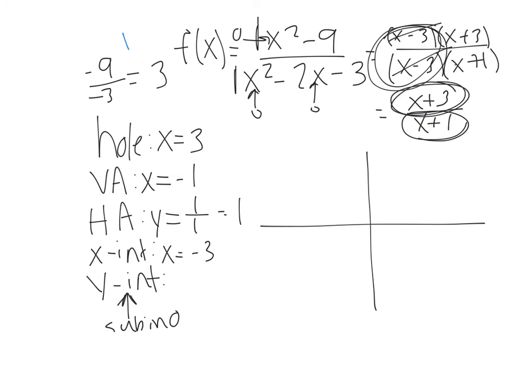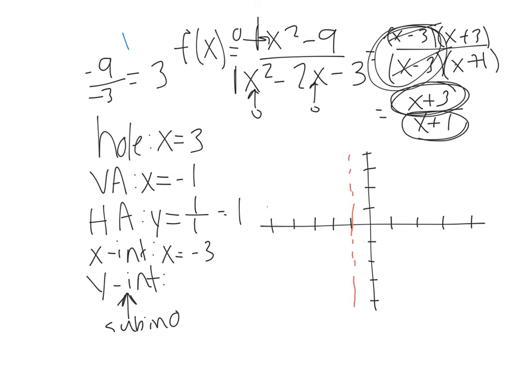The very first thing I'm going to do is make my marks like that, and sort of like that. Let's do our vertical asymptotes first. At -1, I have a vertical asymptote.